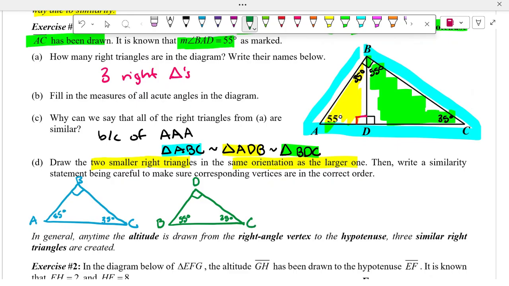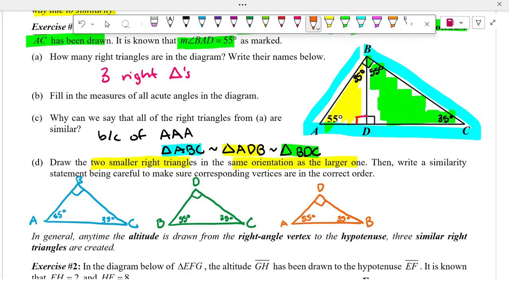C. All right, and then the last one, since I don't want to do it in yellow, I'll do it in orange. Close enough. All right, so that's the smallest one. So right angle, 55, 35. So what letter goes with the 55 for the yellow? A. 90, D, and 35, B.